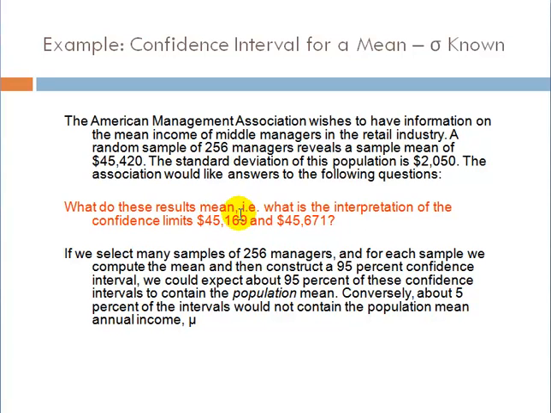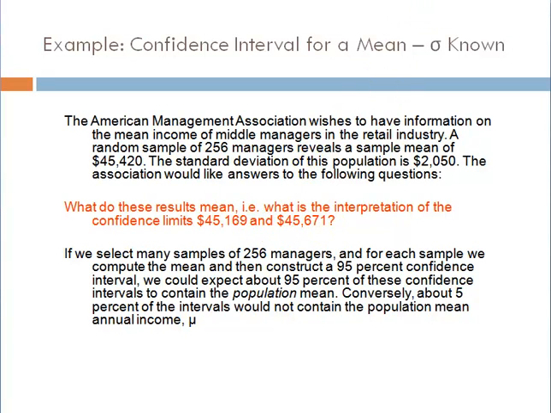So for this sample, it means there is a 95% probability that the population mean falls into this range, and a 5% probability that the population mean is not in this range between 45,169 and 45,671.